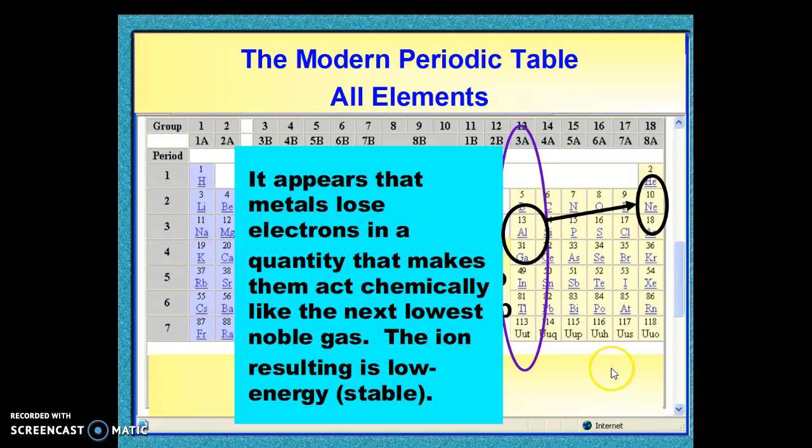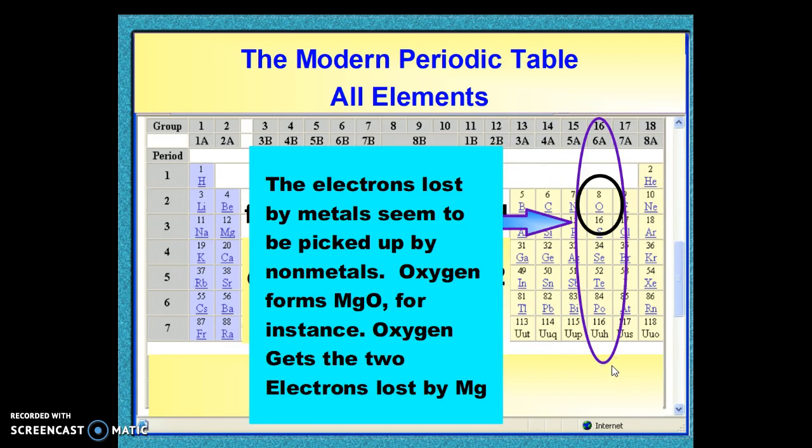It appears that when you have a metal, it loses electrons in a quantity that makes them act chemically like the next lowest noble gases. That ion that results is a lower energy, we could say stable ion. Now the electrons that metals lose are typically picked up by nonmetals like oxygen, which apparently gets the 2 electrons lost by magnesium because its formula is MgO.